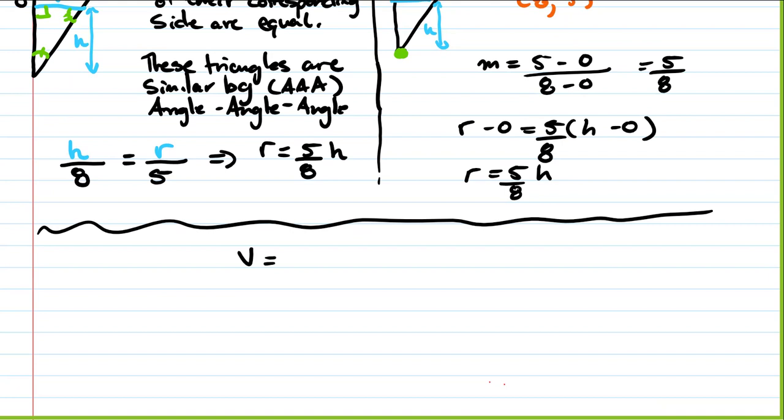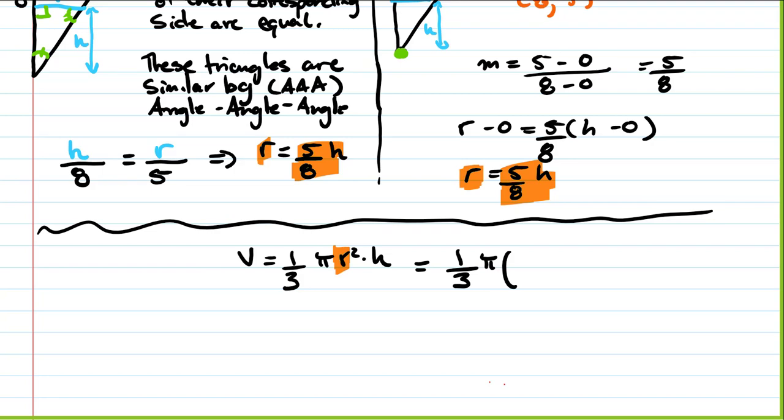So inside of our formula, we have V is 1/3 pi r squared times h. But we know r is the same as 5/8 h. So if I substitute that into my formula, I get the following, right?